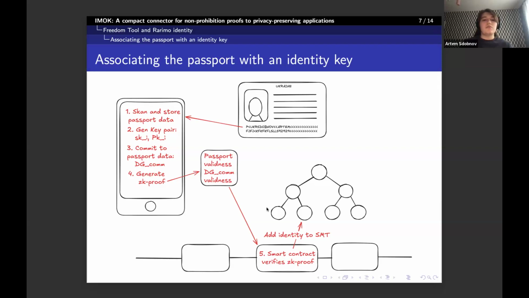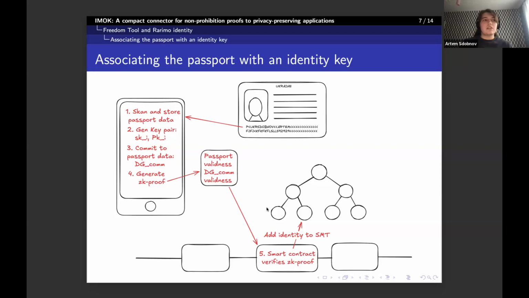And then we should generate a zero knowledge proof of passport validness. So we can validate that each passport is valid, so it was given by some authority.